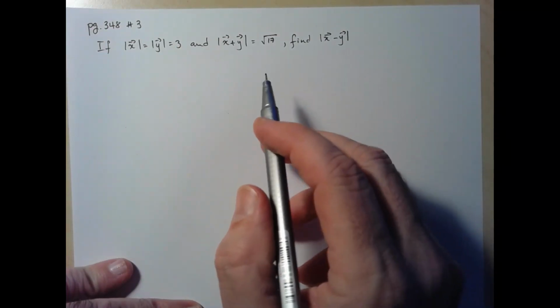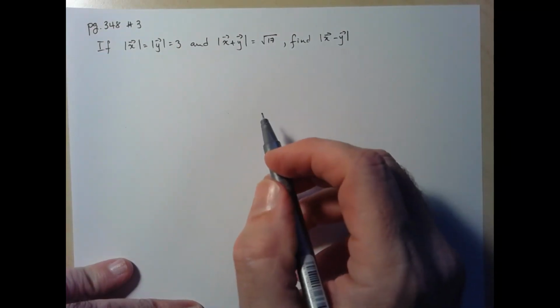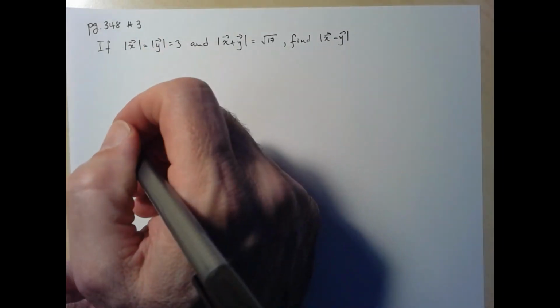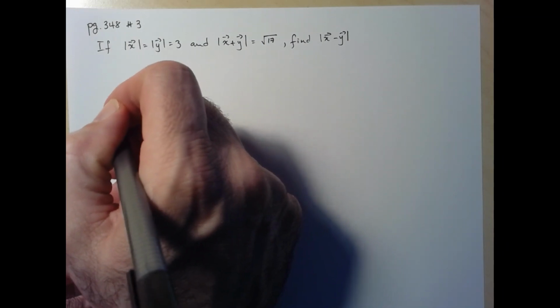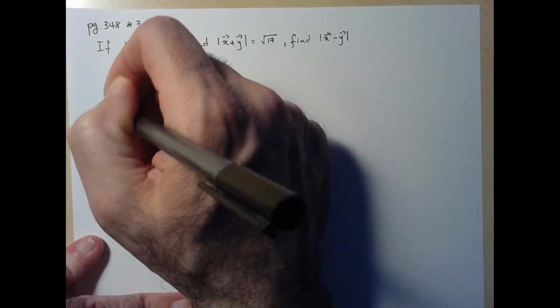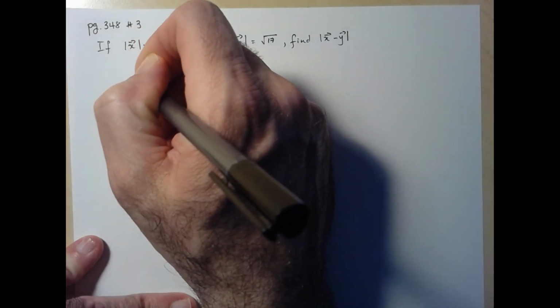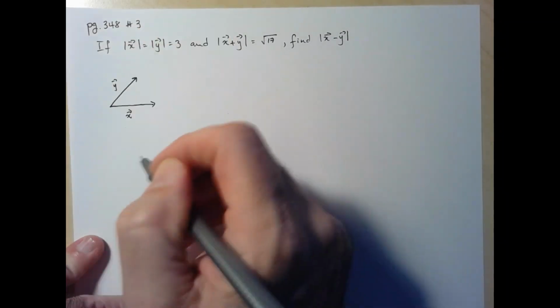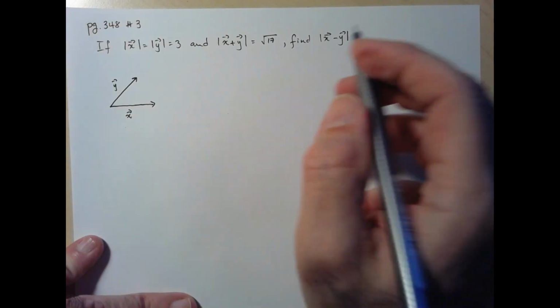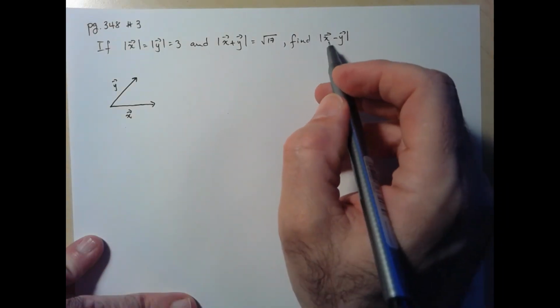So let's start with what we're looking for, which is the magnitude of the difference. We know we're going to place those vectors tail to tail in order to determine the difference. Say this is vector x, and here's vector y, and I'm looking for the magnitude of the vector that goes x minus y.